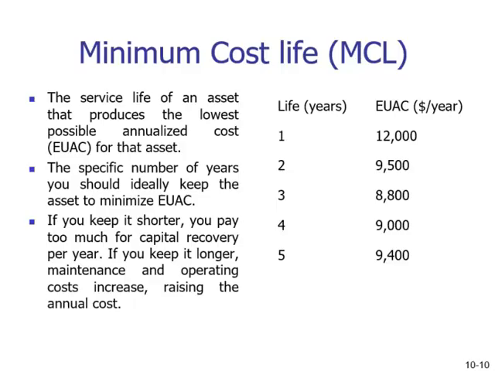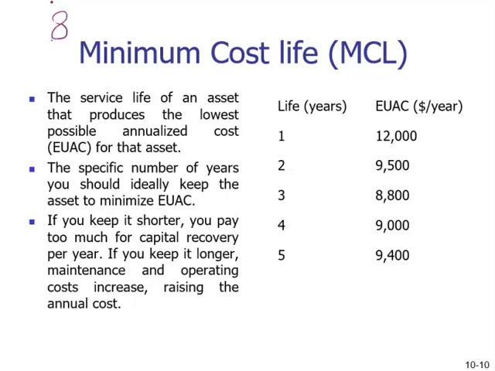It means that if, for example, MCL for an asset is 8, your cost for keeping this car, this machine, this asset for 8 years cannot be less in comparison to other years.